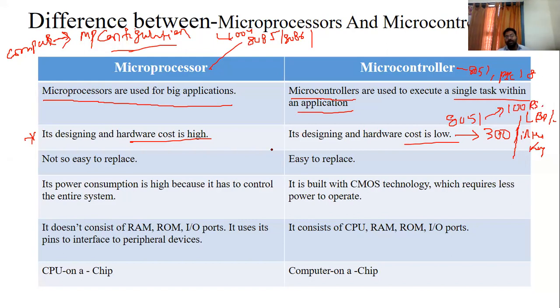But the cost of a microprocessor nowadays, an i3, i4 or i5, whatever it may be, is a minimum of 5,000 and above. But nowadays you can see the cost of the microcontroller is below 100 rupees also.